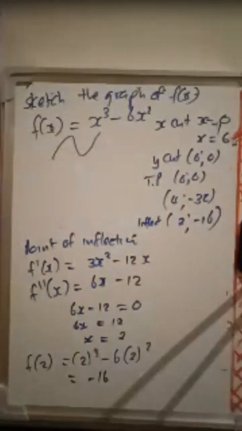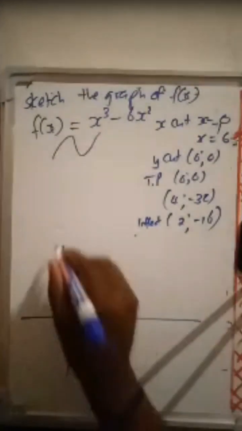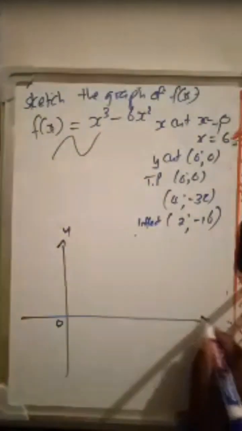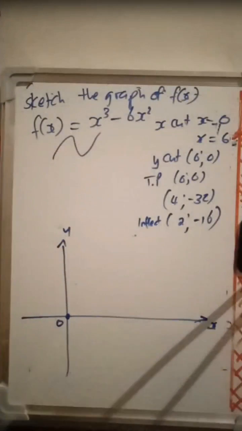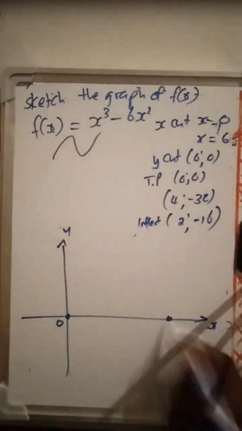Now that we have all these, we go to our graph. We are going to sketch. This is not drawn to scale. That is 0, that is y, that is x. Let's check what we have. The x-cuts are 0, and the other one is 6, somewhere there.